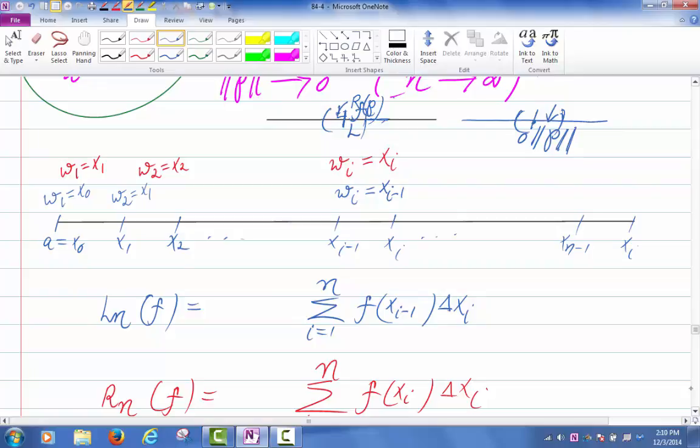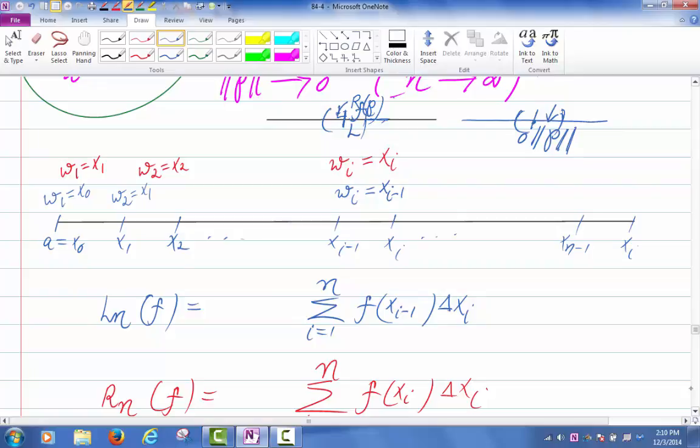So all the subintervals have the same length. Am I making sense? When I look at the left Riemann sum and the right Riemann sum, usually I assume that all the subintervals have the same length. Is that okay? So what's the length of each subinterval?